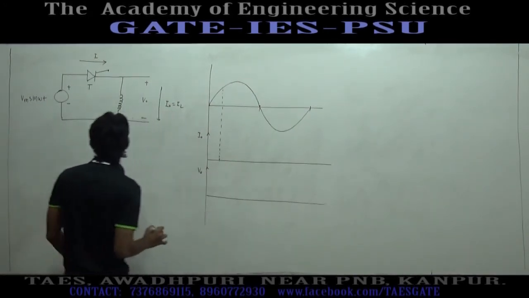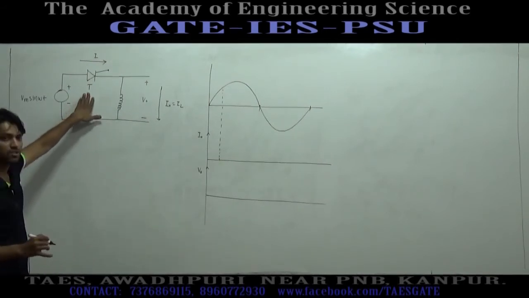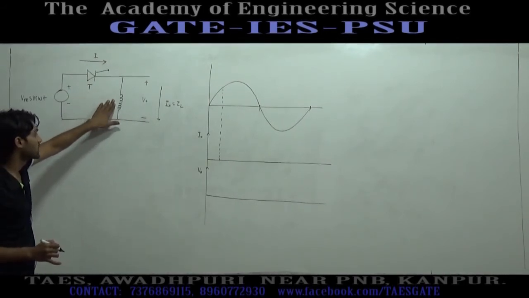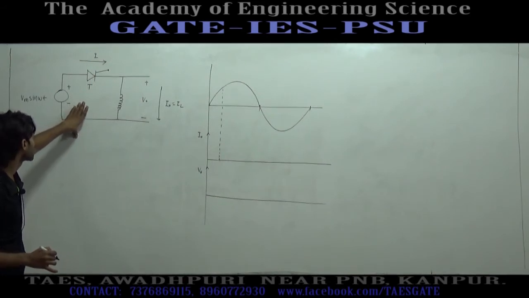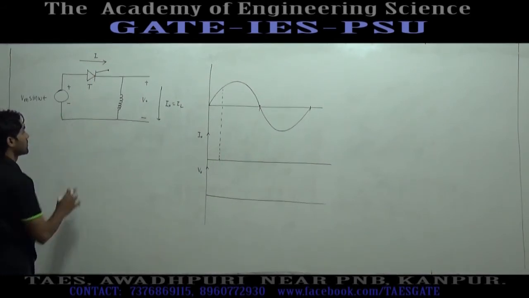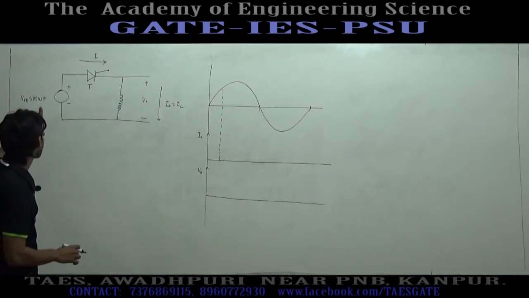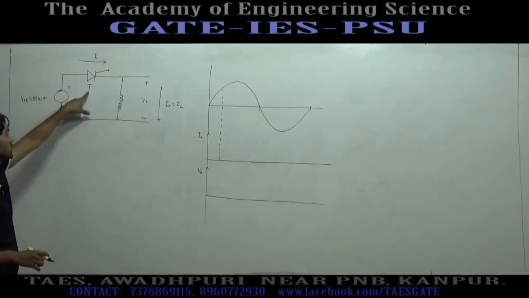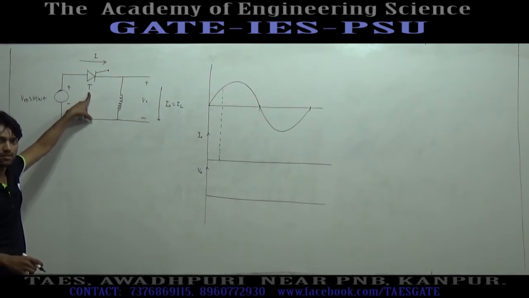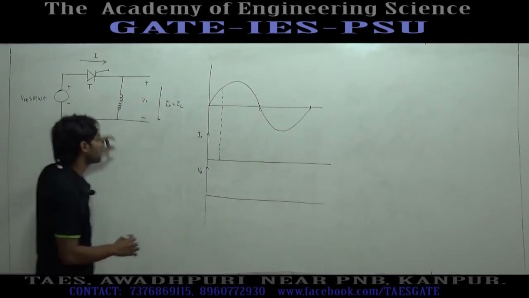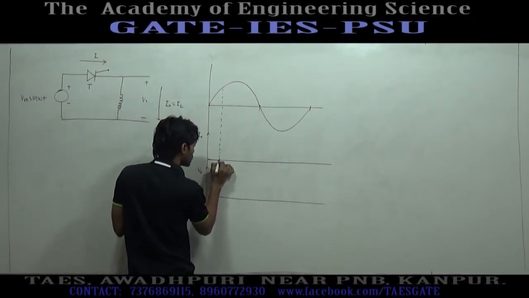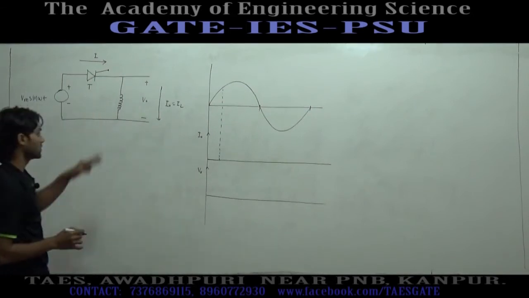And suppose before the thyristor was on, there was no current in the inductor, the circuit was at rest. At omega t equal to 0, the voltage is applied, but the thyristor is not triggered. So, there will be no current. So, from omega t equal to 0 to omega t equal to alpha, there is no current in the circuit.